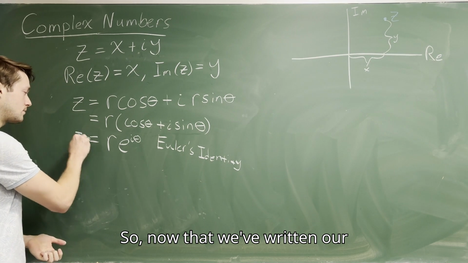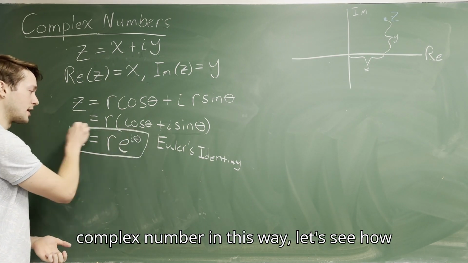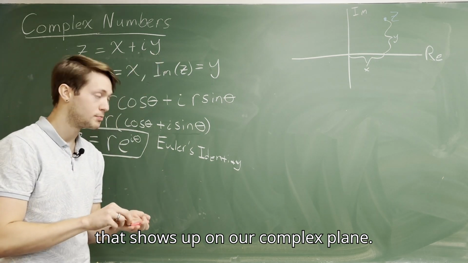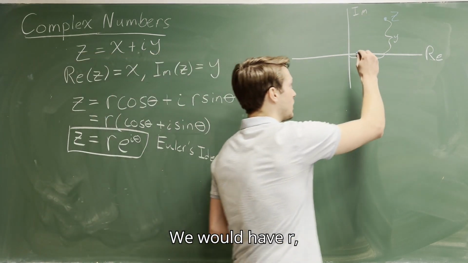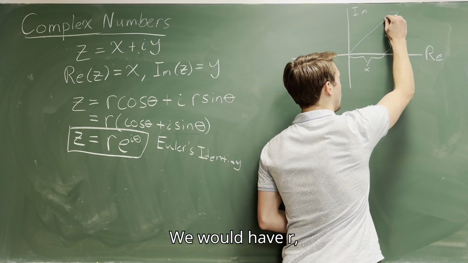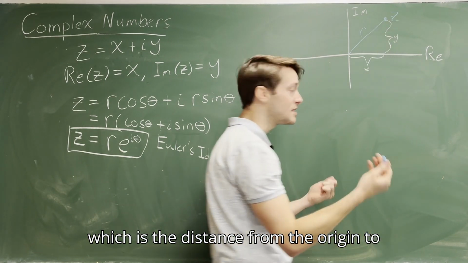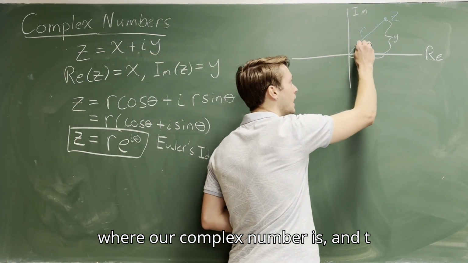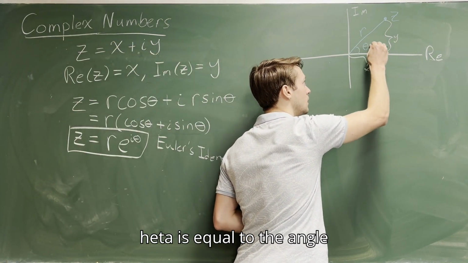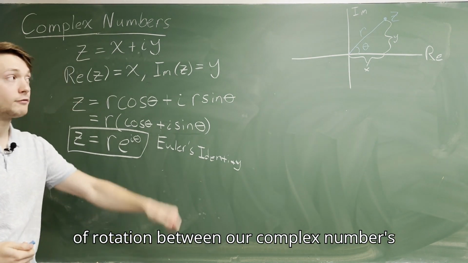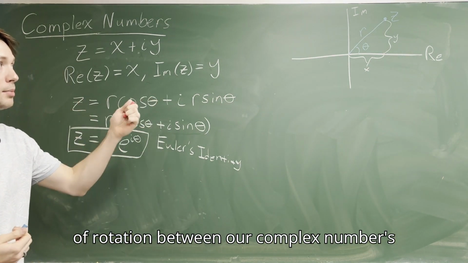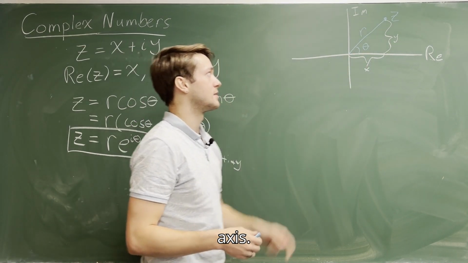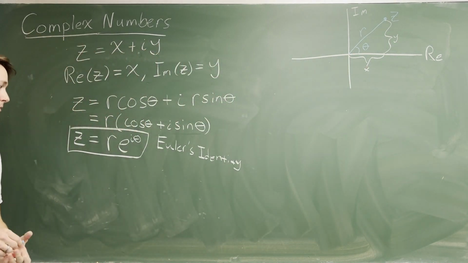So, now that we've written our complex number in this way, let's see how that shows up on our complex plane. We would have r, which is the distance from the origin to where our complex number is, and theta is equal to the angle of rotation between our complex number's position vector and the real axis.